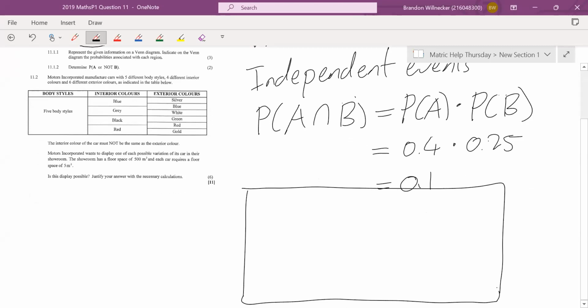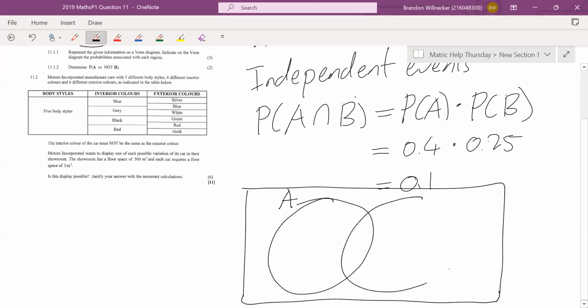That's all the possibilities. We have circle A. We have circle B. Now, what do these regions represent? We have the region with just A. We have the region with A and B. We have the region with just B. And of course, we have the outside region, which is the rest of the sample space.